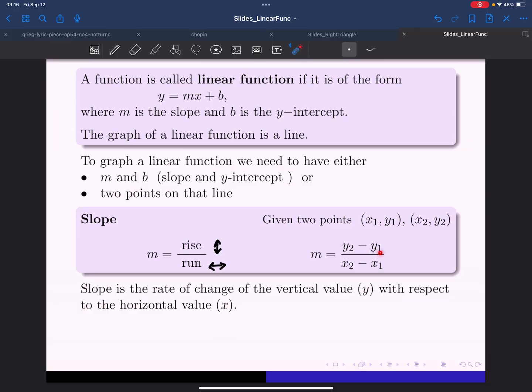Sometimes it's called the difference in y over the difference in x. The slope is also called the rate of change, or interpreted as the rate of change of the vertical value y with respect to the horizontal value x.